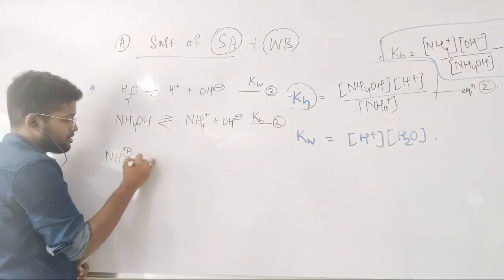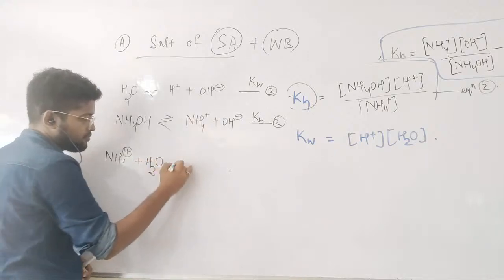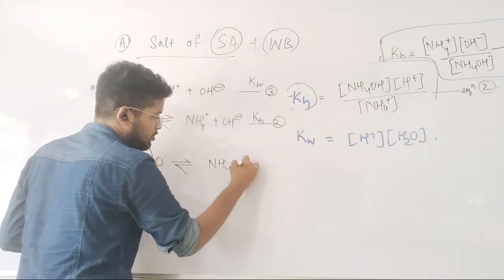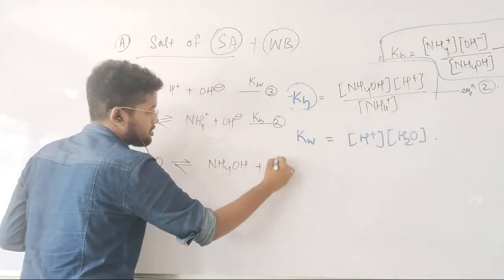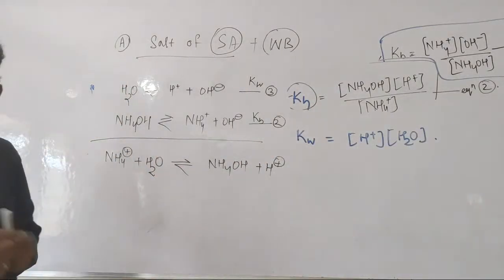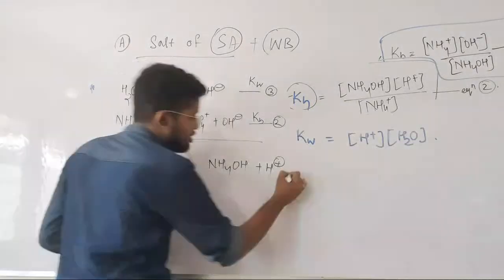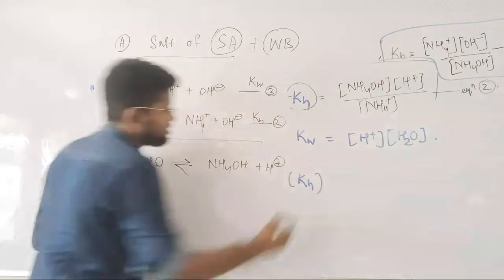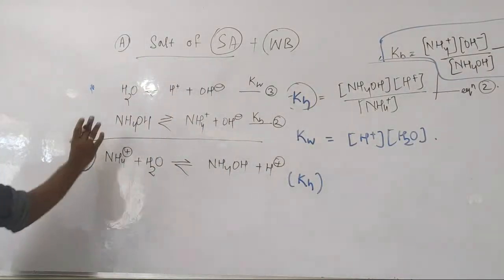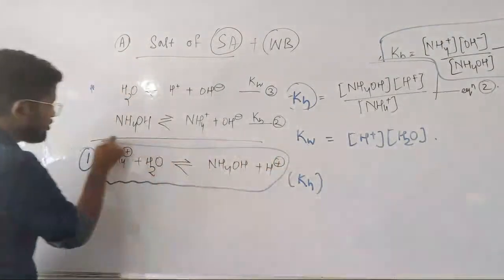NH4 plus water will be in equilibrium with NH4OH plus H plus. This first equilibrium is having equilibrium constant as KH. Have we done this type of problem in chemical equilibrium? How can you get this final equation from the above two equations?